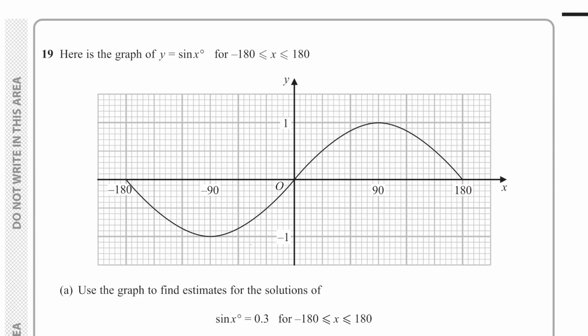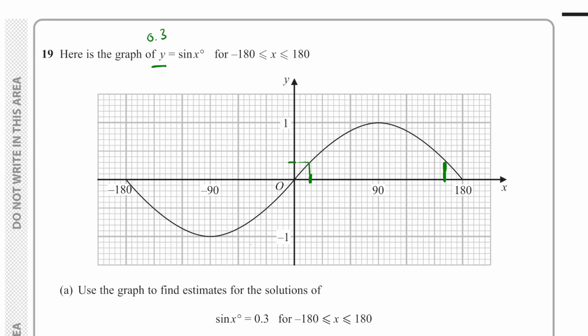All that's happened here is y has been changed into 0.3. So y is 0.3. What is x? So we're just going to read it off. We've got one answer here and the other one over here. And we just need to work out the scale then.